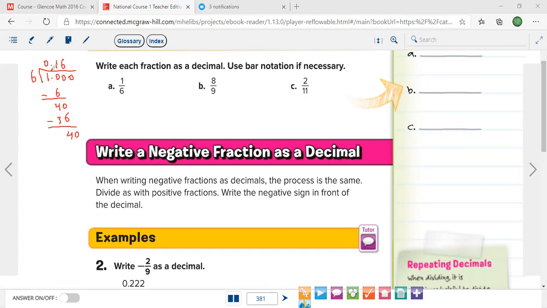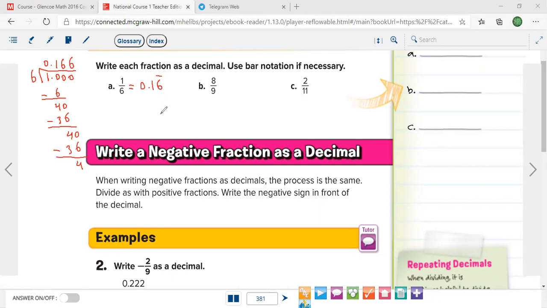This will never end, meaning the 6 will be repeated, 6, 6, 6, and so on. So be smart, stop and say the answer is 0.1 and 6 repeated.